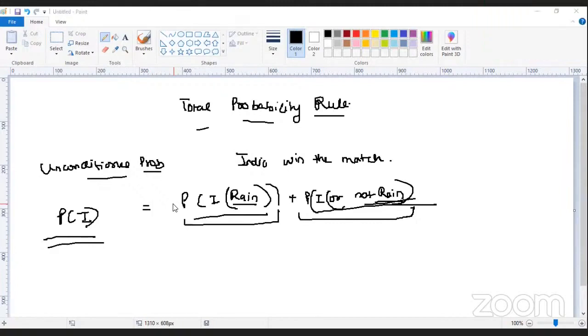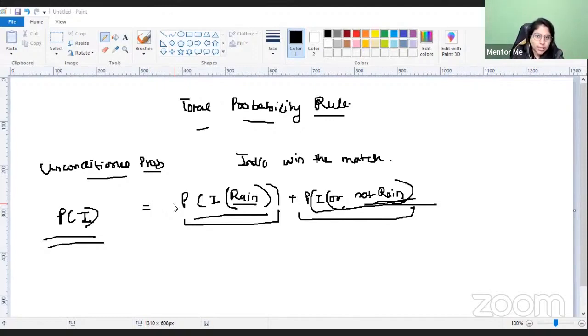Okay. Ma'am, so essentially, if we have to calculate the probability of India winning the match, given it rained, right? That is how we calculate that conditional probability? Yes. Given that it rained is a condition in itself, so it's a conditional probability.